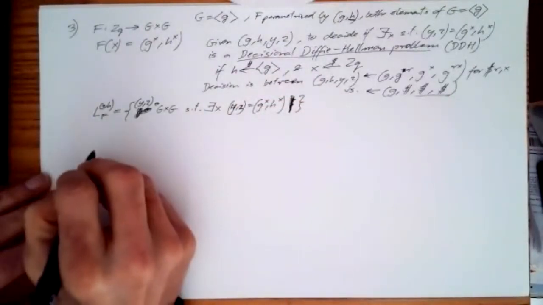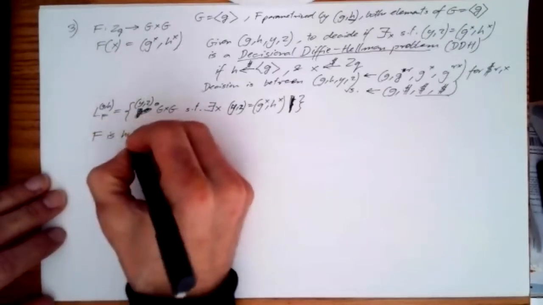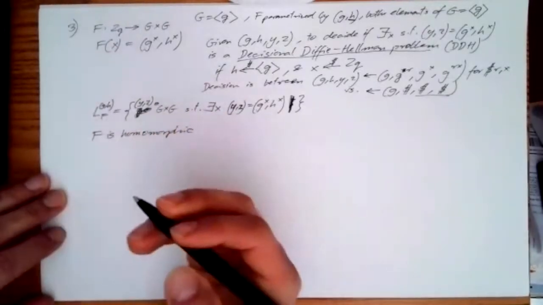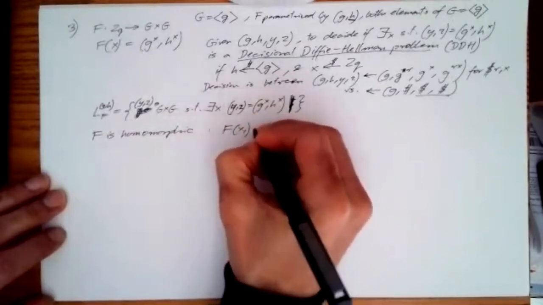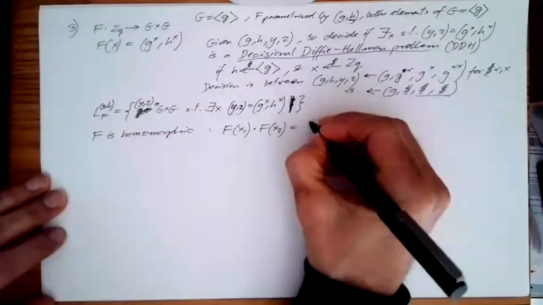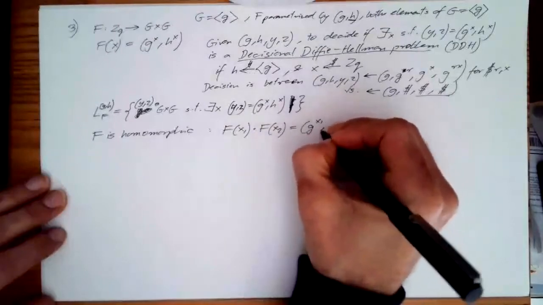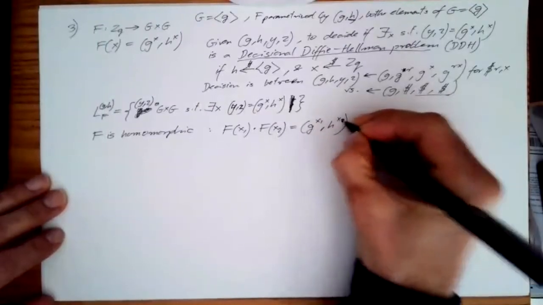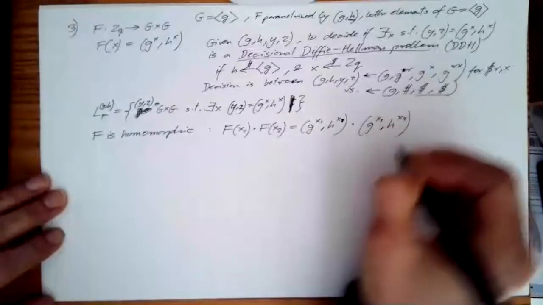Okay, but F is homomorphic, just like the exponentiation function. So f of x1 times f of x2, which is defined as, okay, so what's f of x1? It's g to the x1, comma h of x1. What's f of x2? It's g to the x2, comma h of x2.